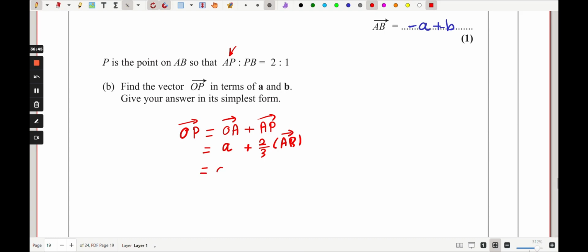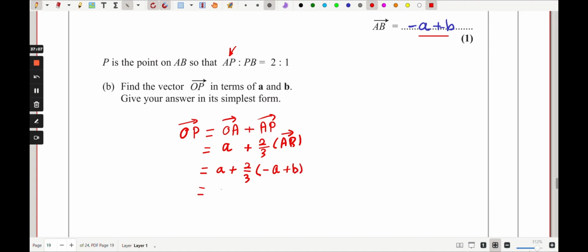So this is equal to A plus 2 over 3, and we know from part A that the vector AB is minus A plus B.